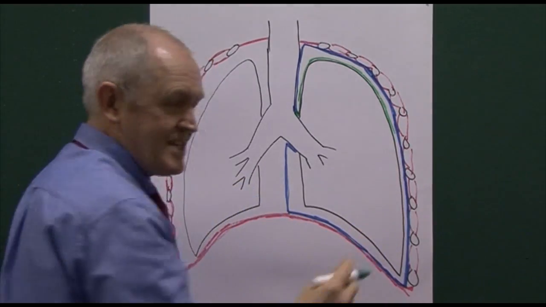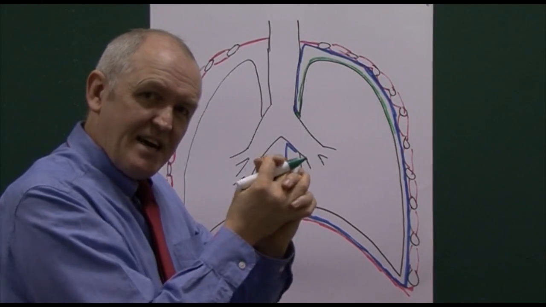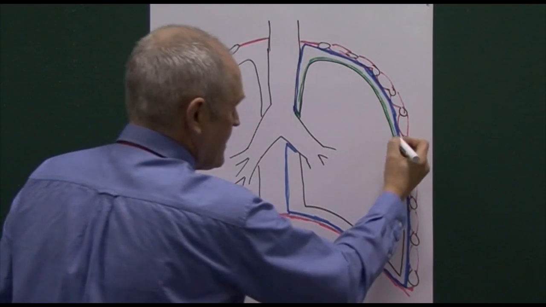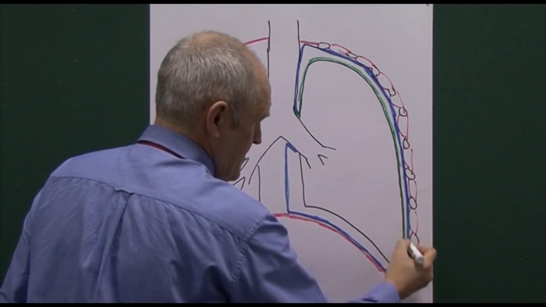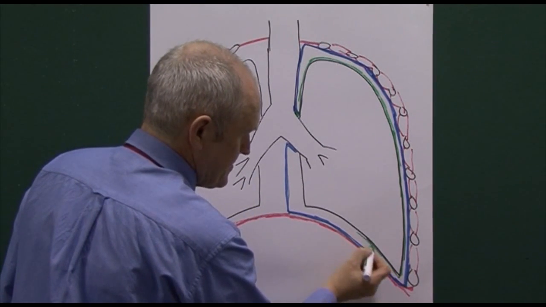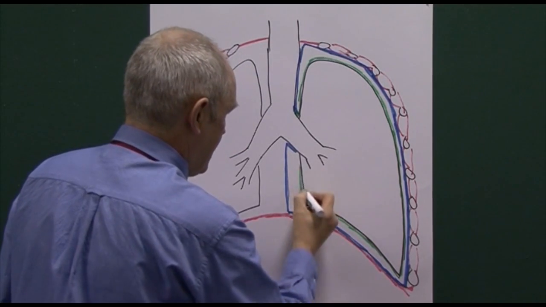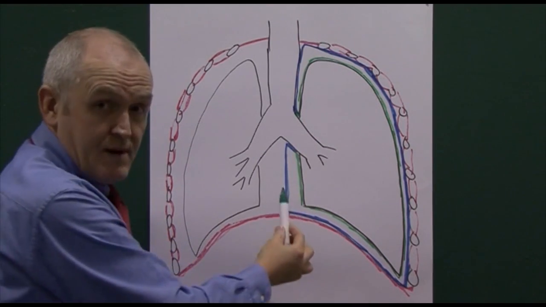And this membrane is actually physically attached to the surface of the lung. The term is it invaginates the surface of the lung. It's physically attached to it. So this is physically attached to the surface of each lung, going round there, and again along the base of the lung, that part, and it's continuous with the parietal pleural membrane.